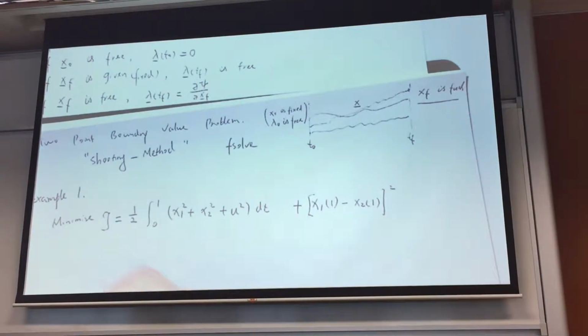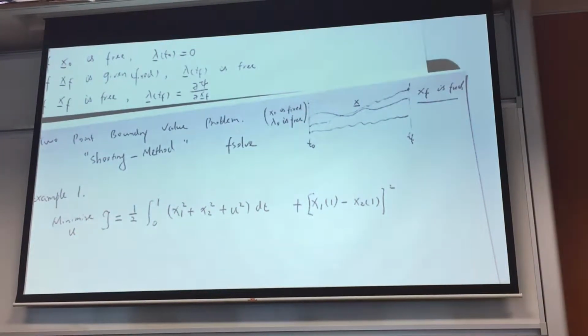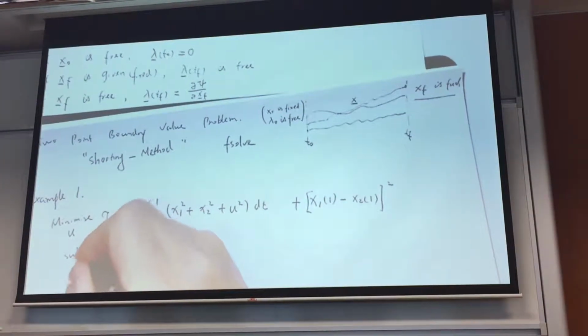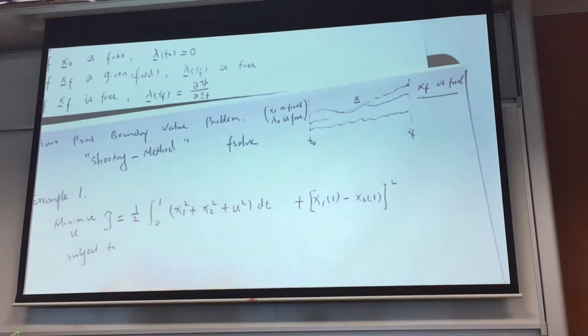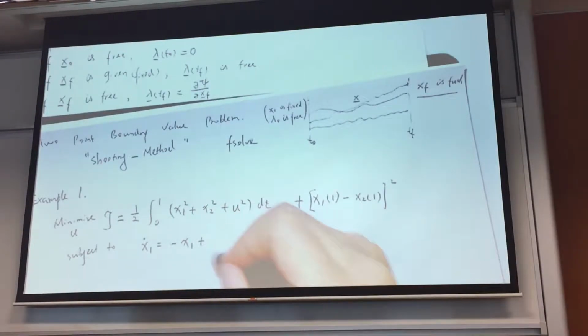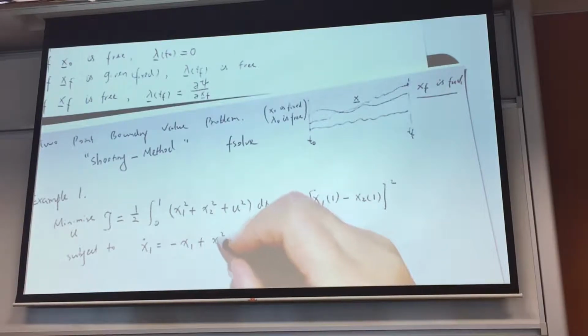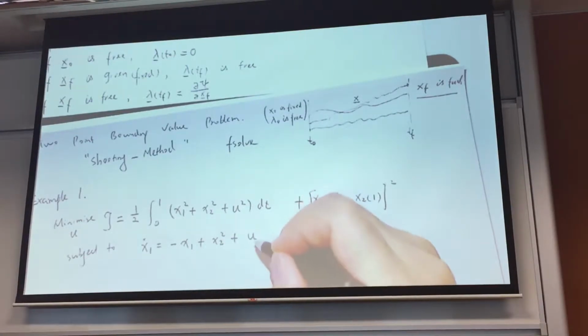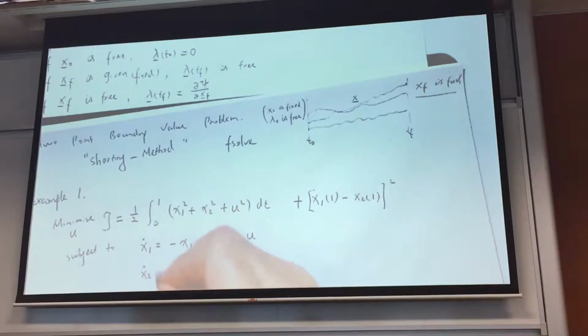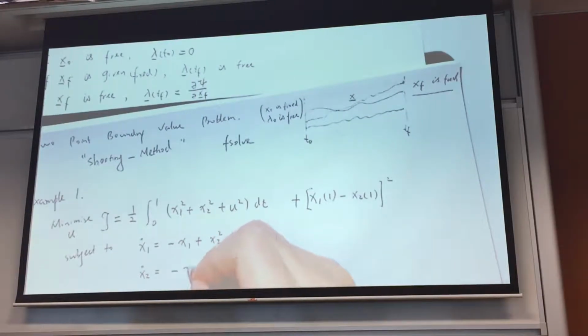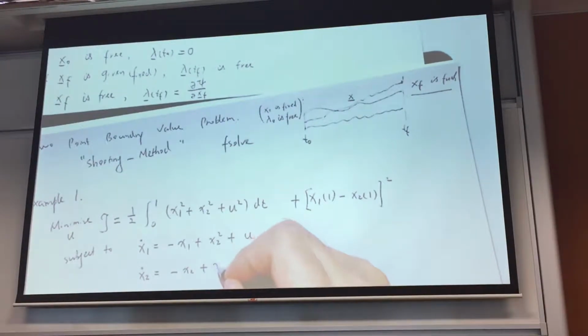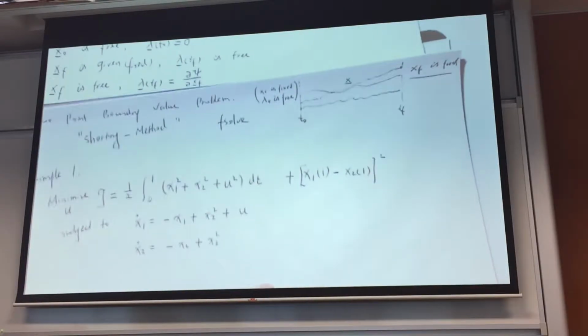We minimize this with u, subject to the dynamics of the system. So x1 dot equals minus x1 plus x2 square plus u, and x2 dot equals minus x2 plus x2 square.